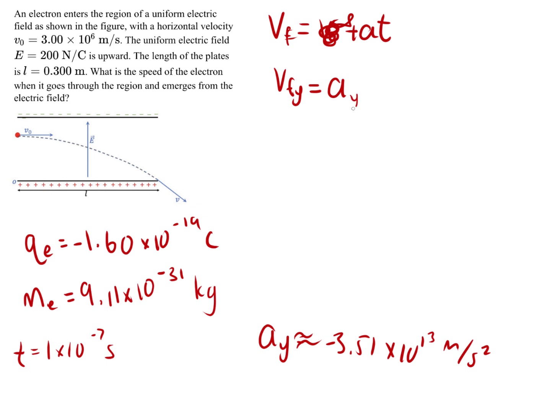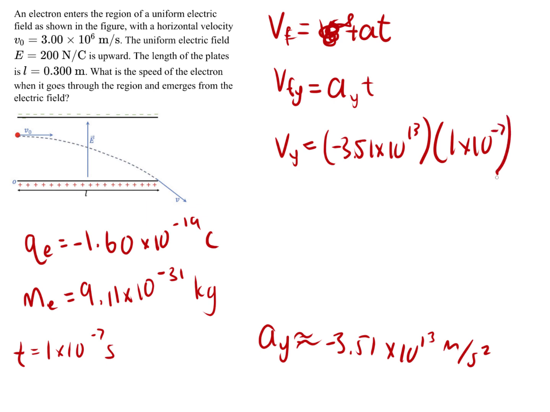Should probably write this a little smaller. So now all we need to do is just plug everything in. I'm just going to drop the f subscript. It's equal to the acceleration, 3.51 times 10 to the 13th power meters per second squared, times the really small time interval of 1 times 10 to the minus 7 seconds.